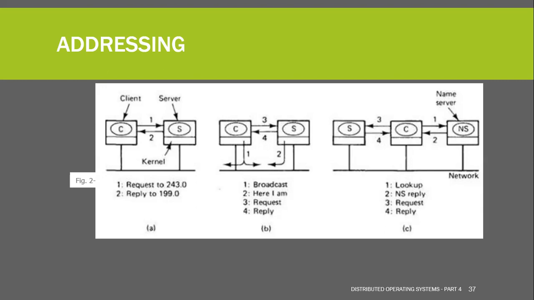The machine number is used by the kernel to get the message correctly delivered to the proper machine, and the process number is used by the kernel on that machine to determine which process the message is intended for. The nice feature of this approach is that every machine can number its processes starting at 0. No global coordination is needed because there is never any ambiguity between process 0 on machine 243 and process 0 on machine 199. The former is 243.0 and the latter is 199.0. This is shown in the figure.